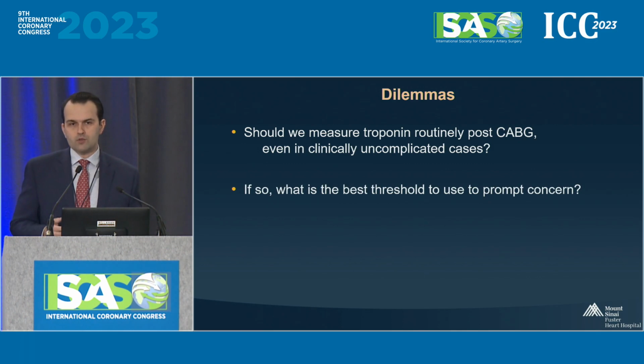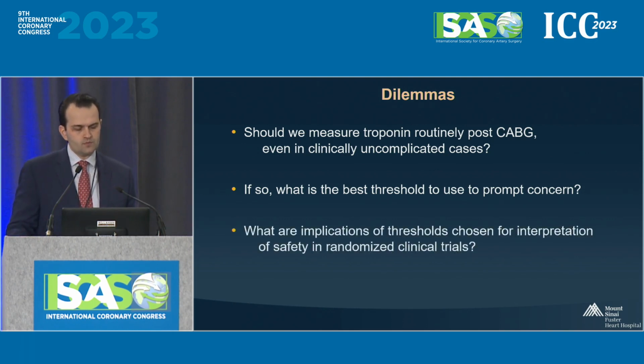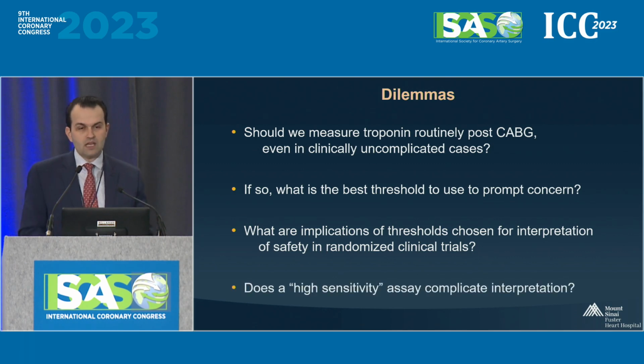Secondly, if we are going to be doing this routinely, what is the clinically pertinent threshold to prompt clinical concern and further investigations? And third, what are the implications of the thresholds that are ultimately chosen for how we aim to interpret trials that are measuring the safety of given interventions, coronary surgery, percutaneous coronary intervention, or otherwise? And then finally, to what extent do these new high-sensitivity assays complicate interpretation?